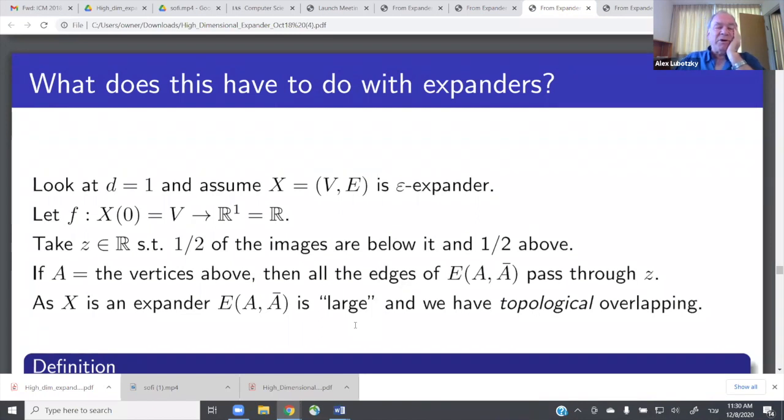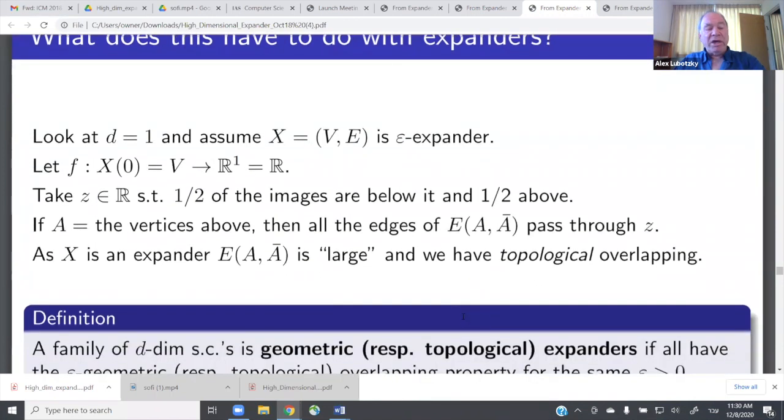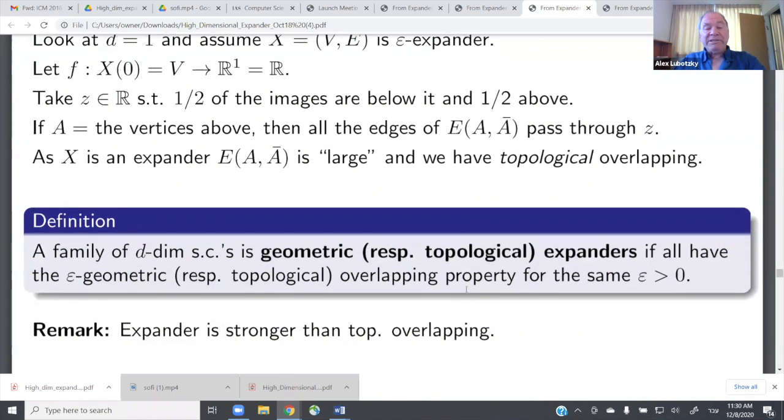If you really think about that, it's possible that X will not be connected. Assume X is a union of a huge expander and a small graph, which doesn't matter what it is, then it still has this property without being formally an expander. It basically says that if you cut it like that, many edges cross. Okay, so let's give a name.